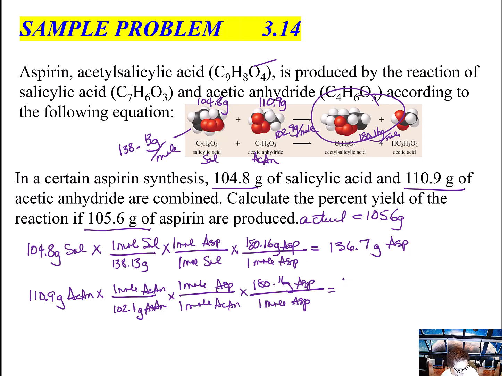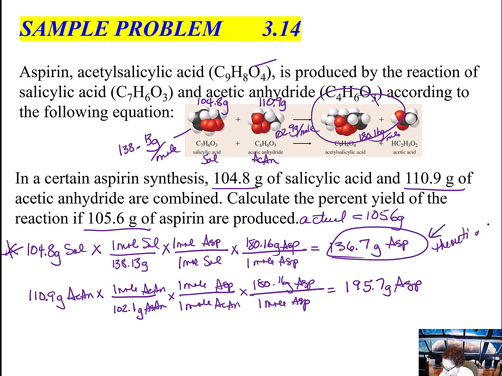And that gives me 195.7 grams of aspirin, which would be great, except unfortunately I can only make that much because I'm limited by the amount of salicylic acid. So my theoretical yield is the one that's dictated by my limiting reactant.